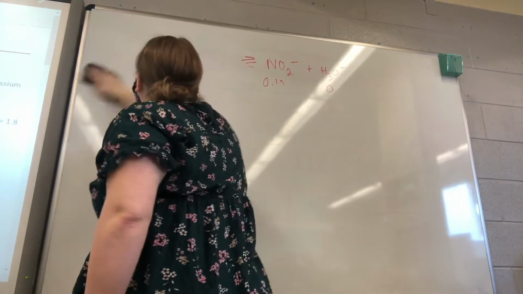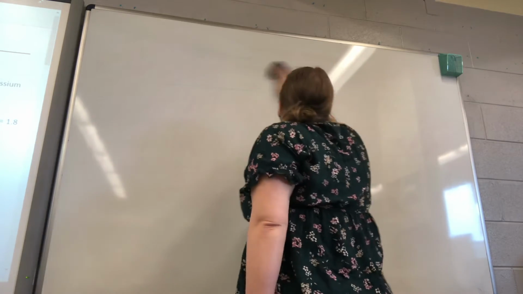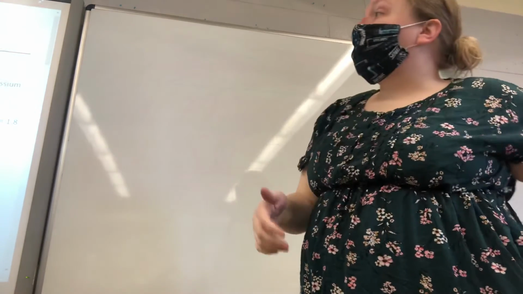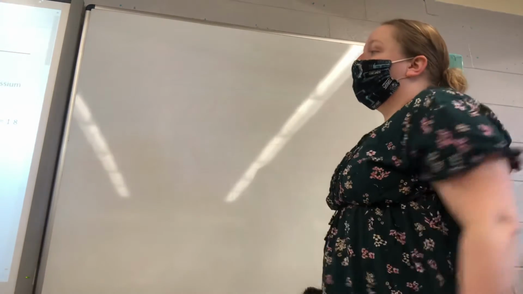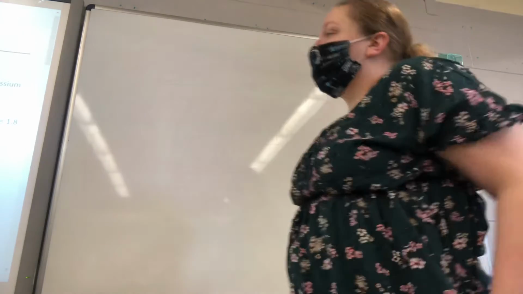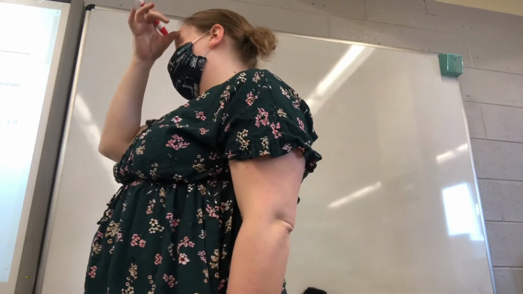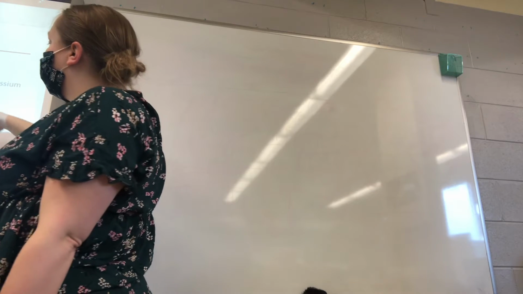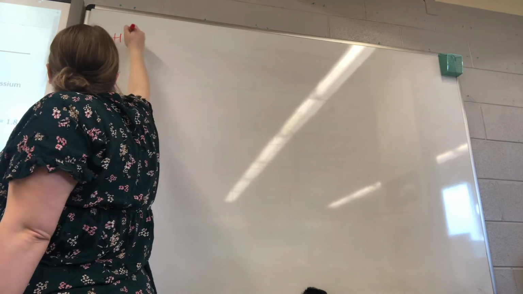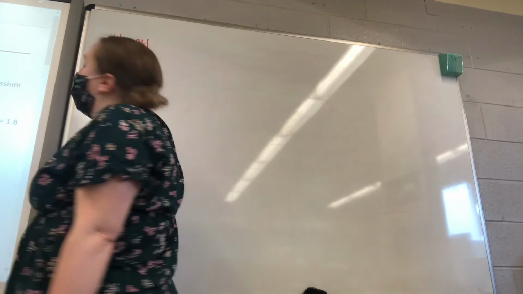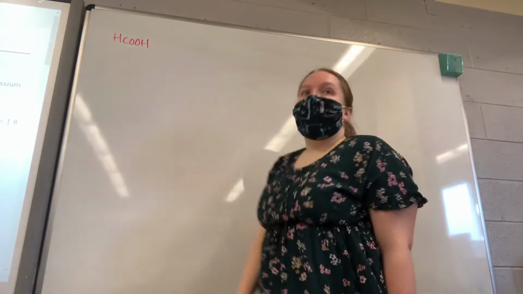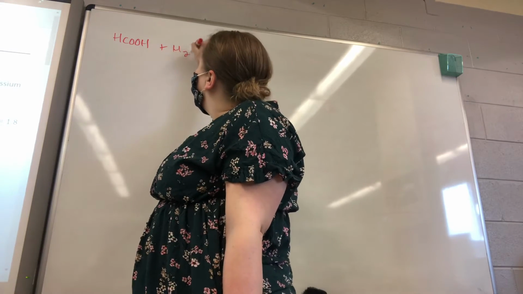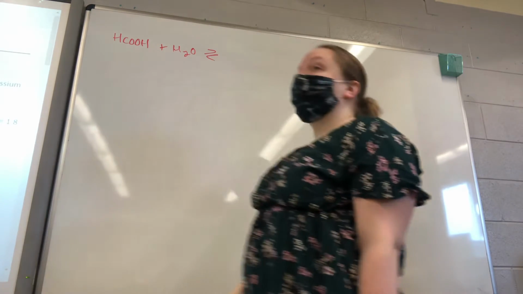That should give you some hint. We are supposed to be finding the formate ion concentration, and we're given formic acid. So there's my formic acid. What am I going to do? Going to remove a proton.